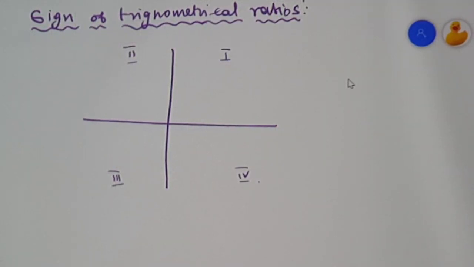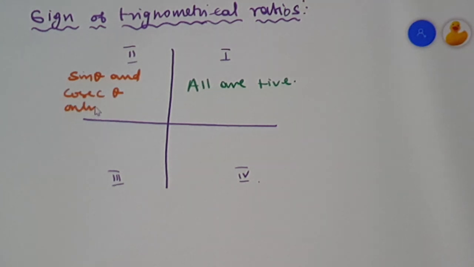In the first quadrant, all values are positive. Second quadrant, sine theta and cosecant theta only are positive.